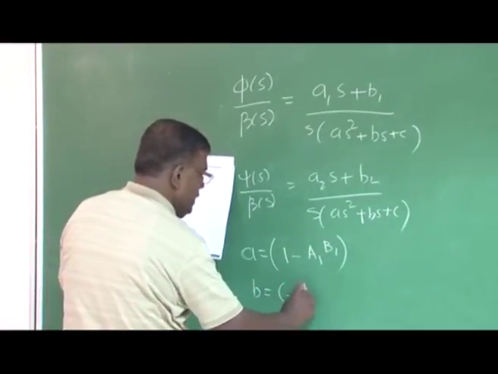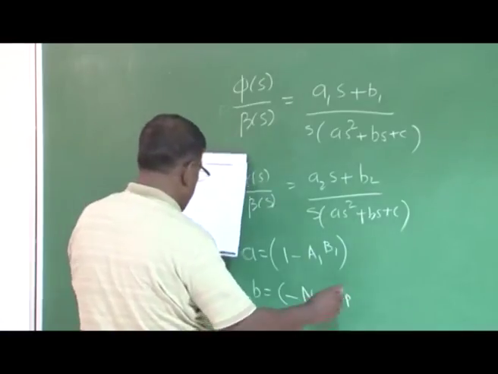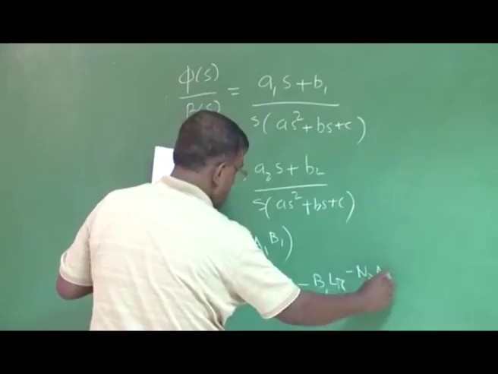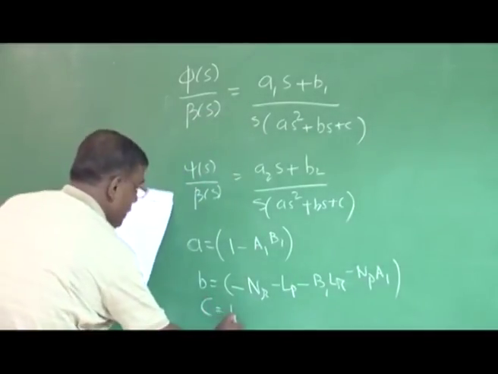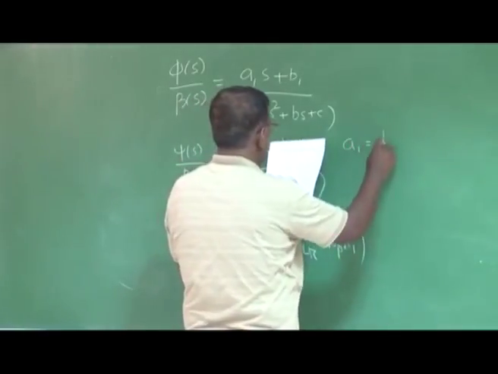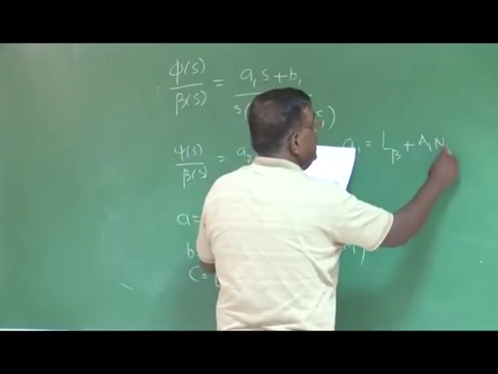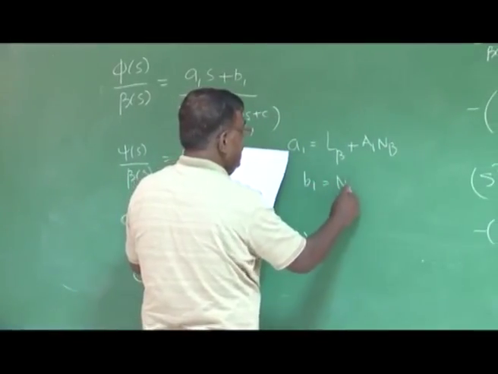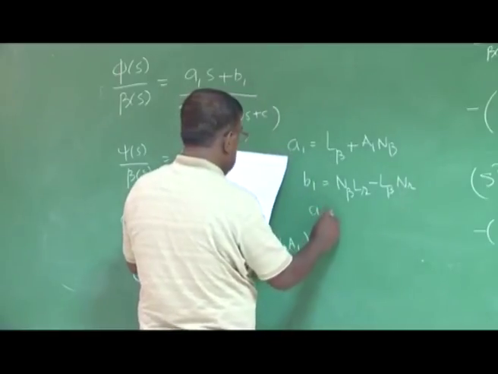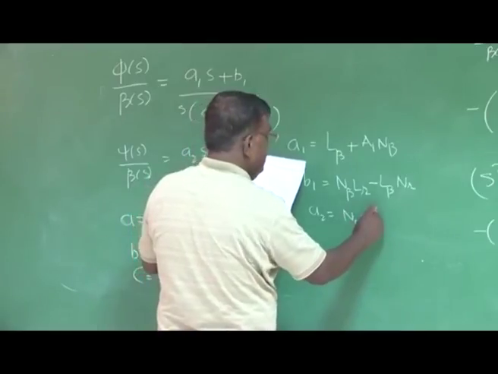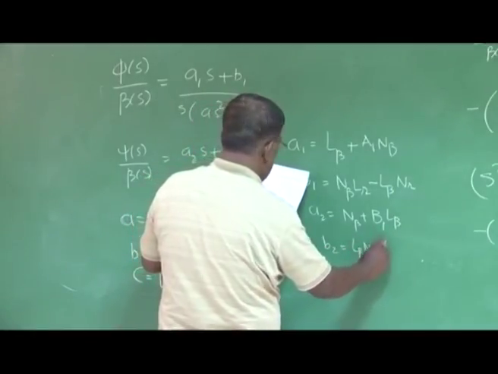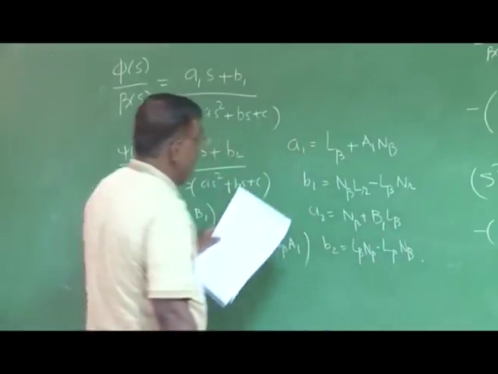B equal to minus N r minus L p minus B1 L r minus N p A1, C equal to L p N r minus L r N p. Similarly, A1 equal to L beta plus A1 N beta, B1 equal to N beta L r minus L beta N r, and then A2 equal to N beta plus B1 L beta, and B2 equal to L beta N p minus L p N beta, like this.